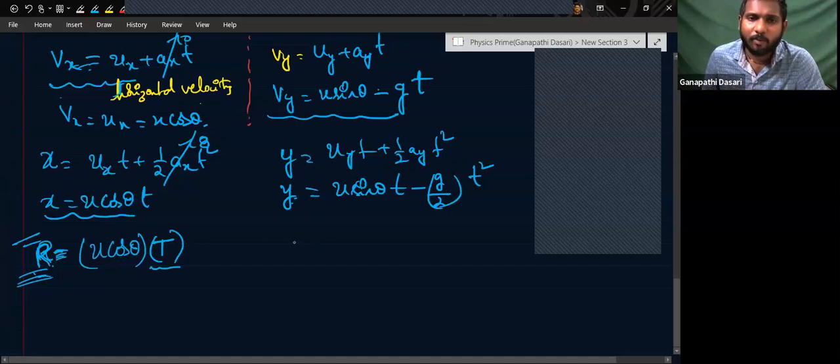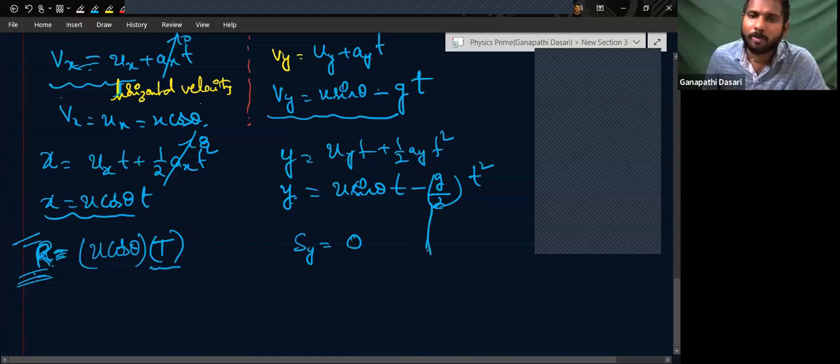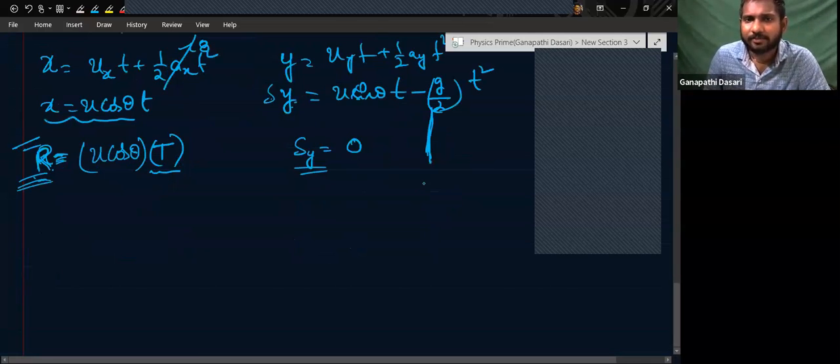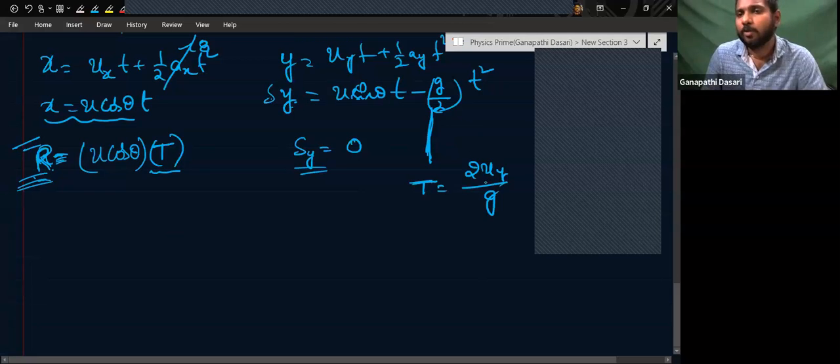In the similar way, what is vertical displacement? Wait, Sy is equal to 0 net after the entire motion. This is Sy, general Sy. For the entire motion, vertical displacement is 0, isn't it? Yes, sir. What is time of flight? Time of flight is nothing but 2uy by g, generally 2u by g. But here, what is responsible for going up and down?